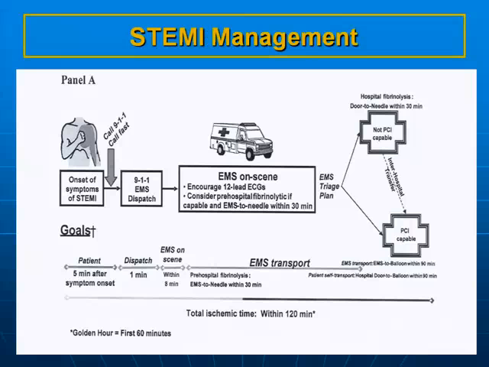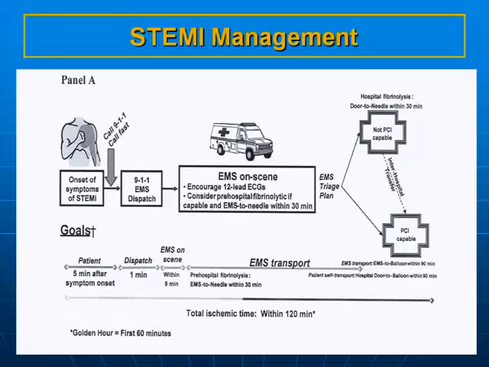They should contact 911, call their emergency medical service. The dispatcher gets a hold of the paramedic squad within a minute. They're on the scene. They do what they need to do on the scene, transport the patient, and then the patient is treated at the hospital. And all of that you'd like to see take place within about 2 hours, 120 minutes. That's the optimal time from onset of symptom to intervention.